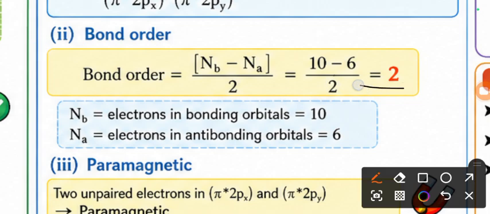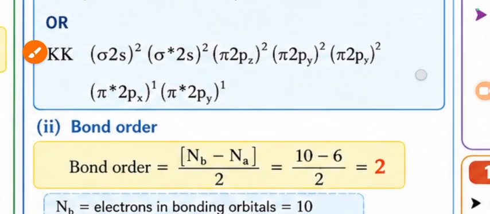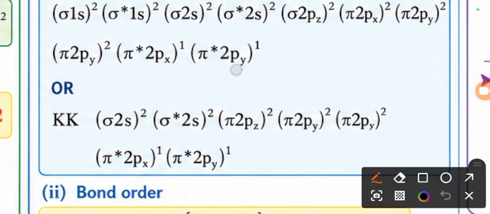So in oxygen molecule, bond order is 2, which means between two oxygen atoms there are two bonds, one sigma bond and one pi bond. Because of the presence of unpaired electrons in pi star 2px and pi star 2py, oxygen molecule is paramagnetic. It attracts the magnet.